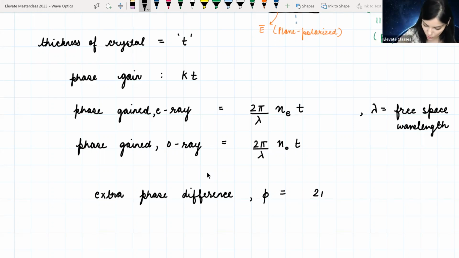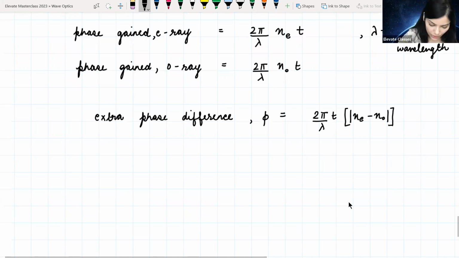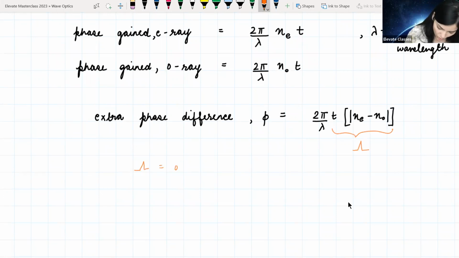So that is going to be 2 pi by lambda t times (nE minus n naught). But now we have to take the magnitude only, the sign we will not consider right now. So usually what we do is we write this quantity as lambda. So what is this lambda? Lambda is called the optical path difference.